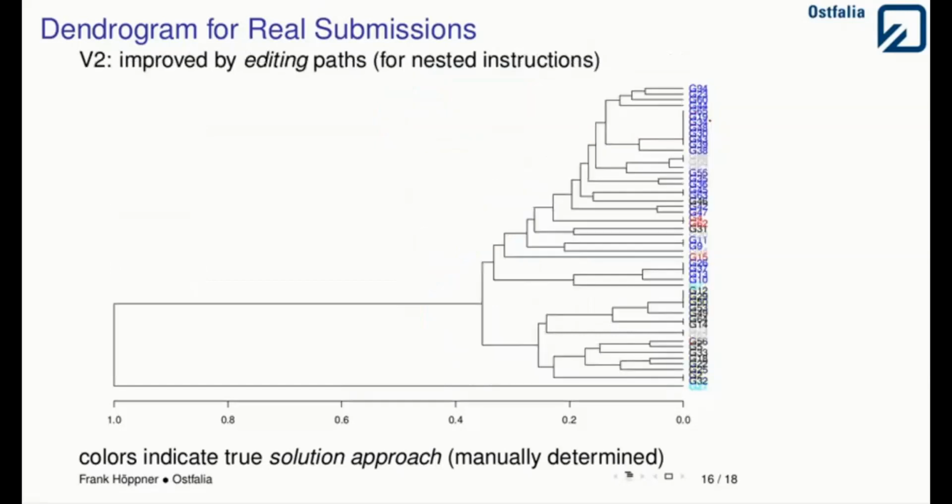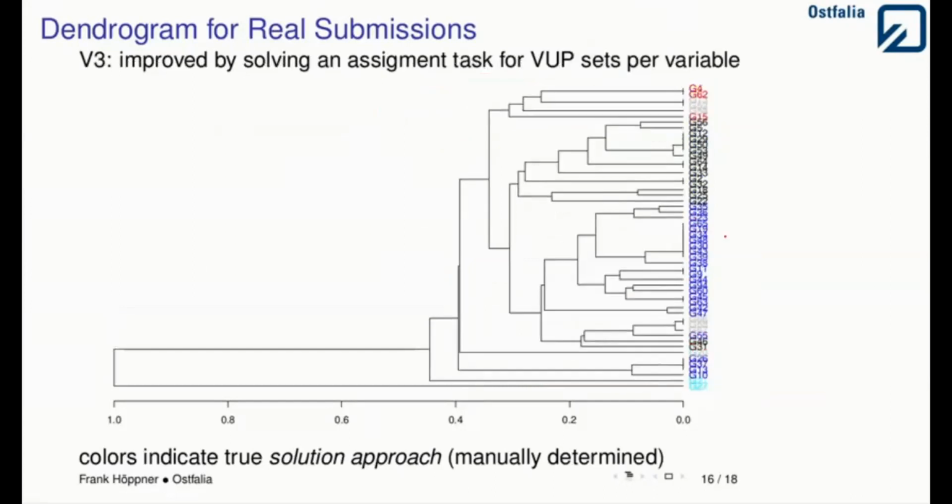The second version that takes the instruction embedding into account separates the black solutions already quite well, but the blue and the red solutions are still mixed. Only the final third version, where we assign variables from different codes according to their VUP sets, there we succeed in finding a separate cluster for the red solution approaches, and also separate quite well the black and the blue cases.